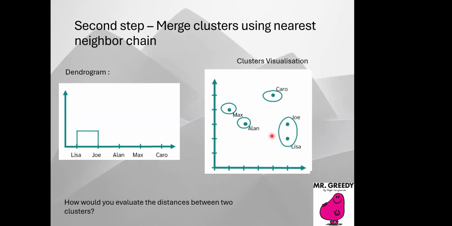So the red point is Johan. It's close to Lisa, but do you choose to take from Joe, or from Joe and Lisa?